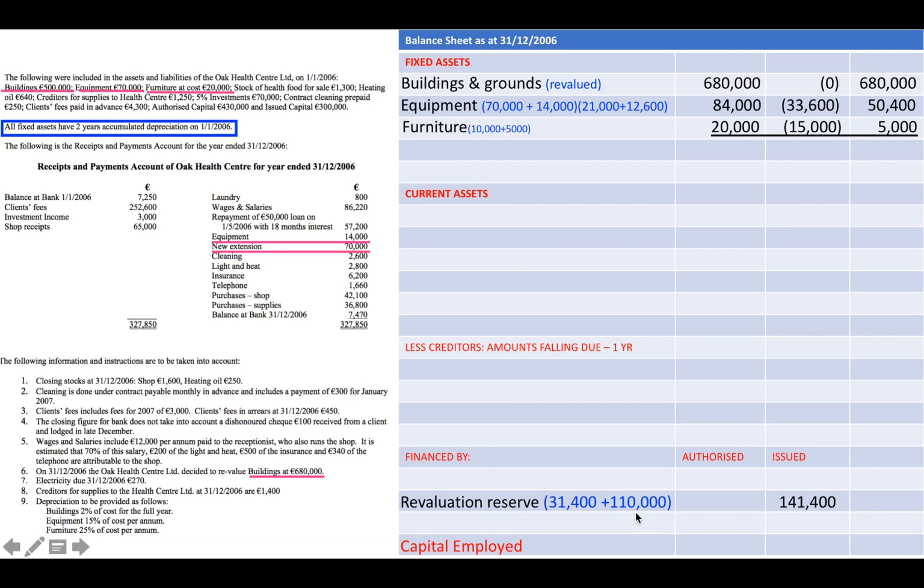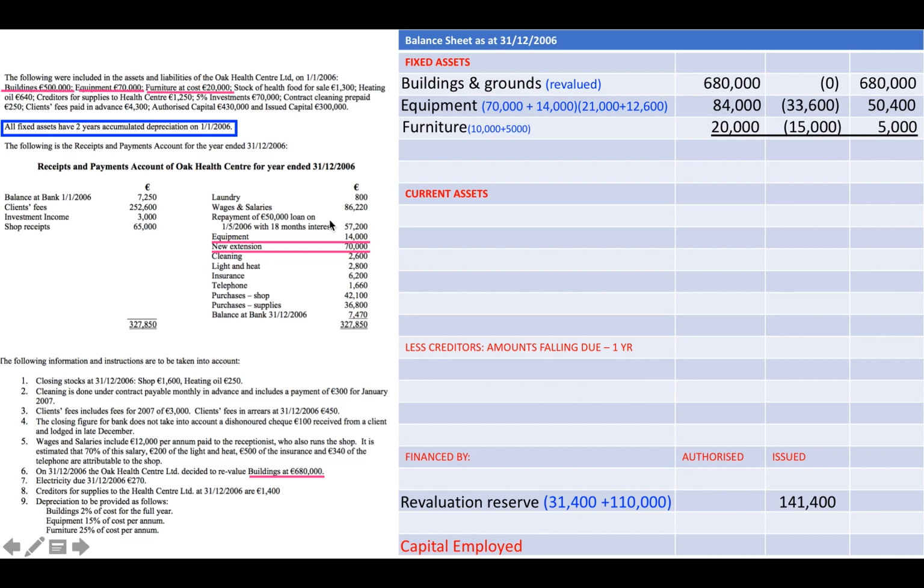So this €110,000 is the difference between the new value of 680 and the cost €570,000. Then the 34,000 is the depreciation for the 2 years plus this year's depreciation. So altogether your revaluation reserve is €141,400.